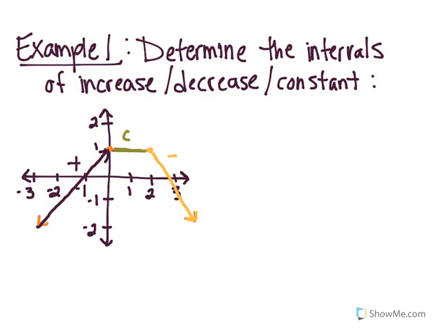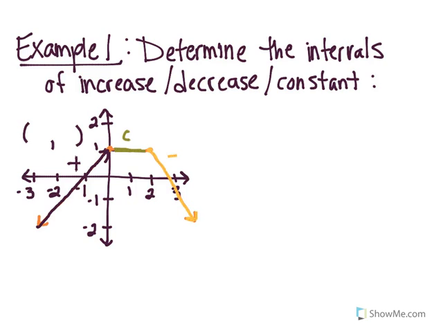So the way I write my intervals for increasing is I'm going to get some parentheses set up here. And when you talk about increasing, decreasing, and constant parts of a function, you never use brackets when you are determining the intervals for this. It's always open parentheses.